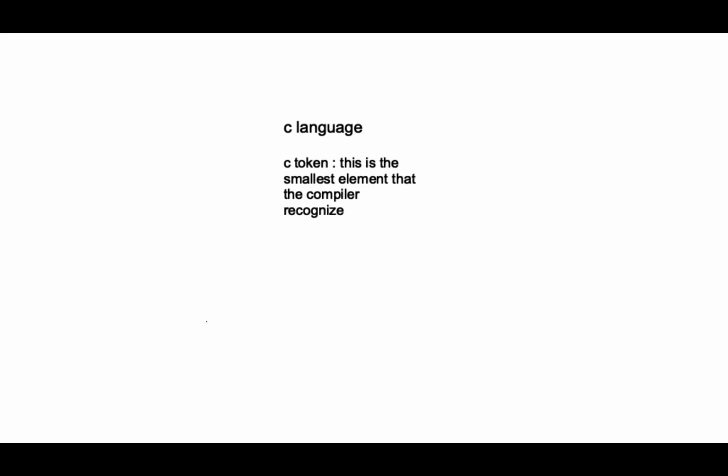So I'm going to be giving you guys an example of that. Let's say we have some keywords, like I'm just going to be listing them. We have some keywords like int, so it doesn't have to be in capital letter.